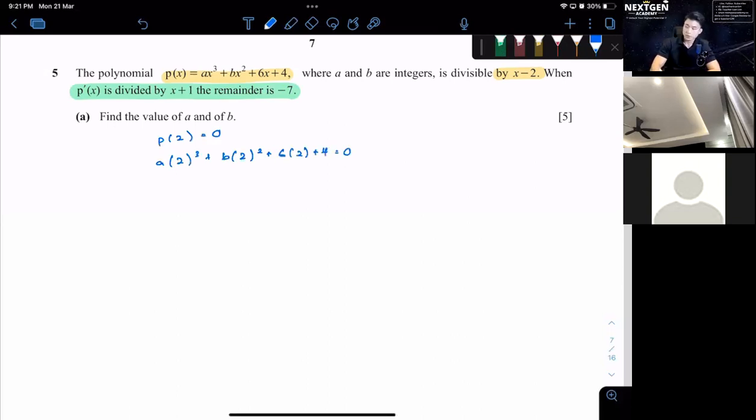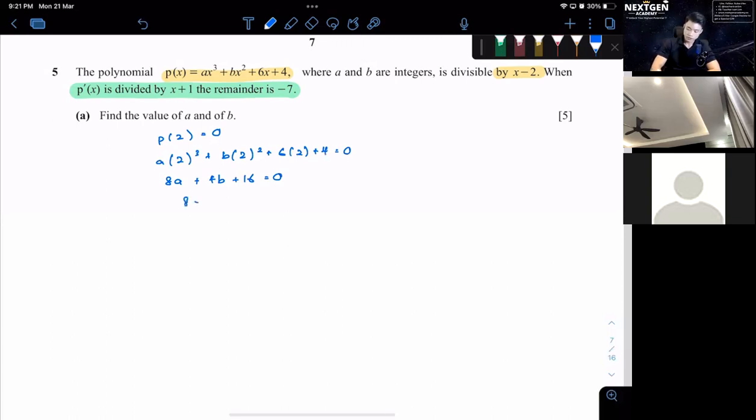We will get 8a plus 4b plus 16 equals 0, where 8a plus 4b equals negative 16. I divide the whole thing by 4, and I will get 2a plus b equals negative 4. This will be my first mark.